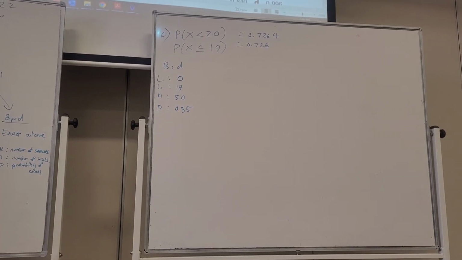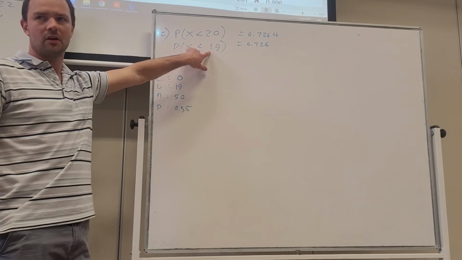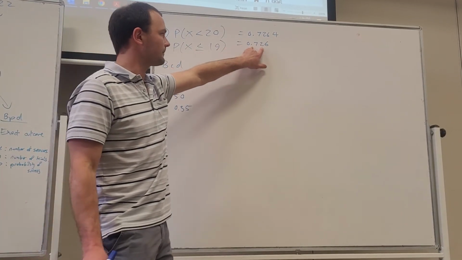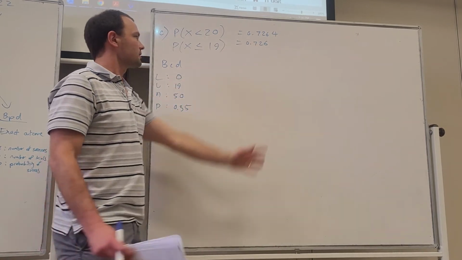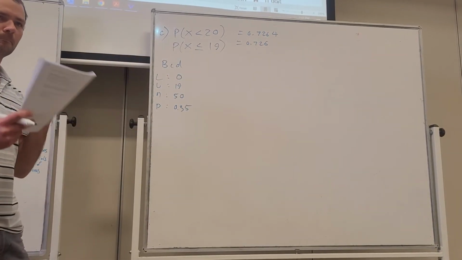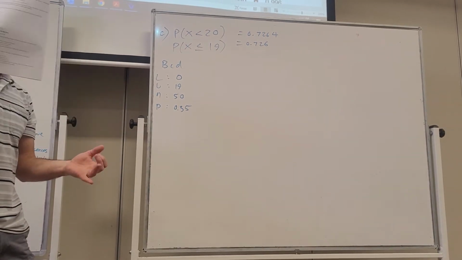Okay, I'll just talk about how they've calculated this event, the probability of X being less than or equal to 19. So we've got a 72% chance, or 73% chance, so it's very likely that 19 or fewer apples are rotten. It could be 19 apples are rotten, it could be 18.